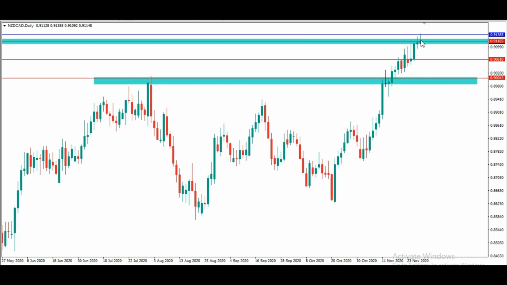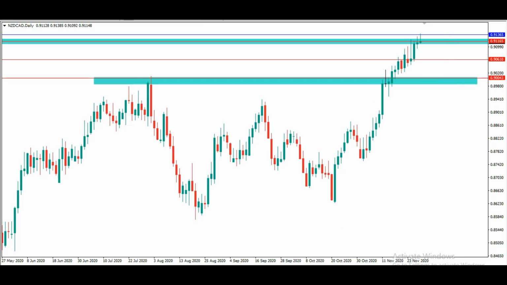I'm looking for long opportunities, which means I'll expect to see the price either drop to the 90.61 area and reject it with a good daily rejection candle, or drop to 90.04 and give a very good daily rejection before I start looking for long trades on this pair.